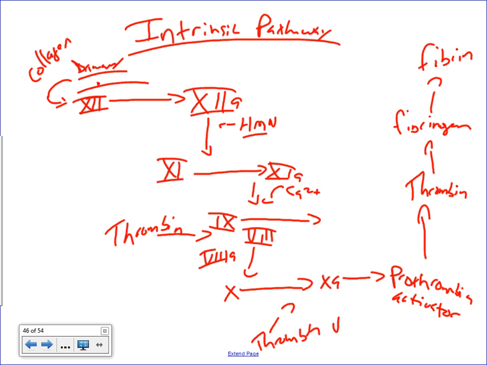One thing I did not mention yet is that in order to activate this prothrombin activator, calcium needs to be available. And just like the extrinsic pathway, platelets and lipids have to be available as well to activate prothrombin activator.